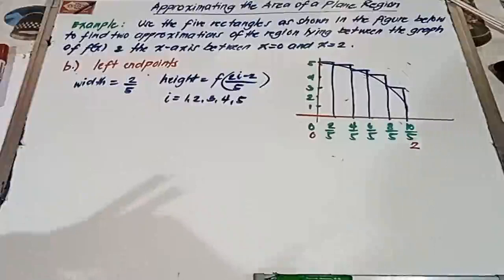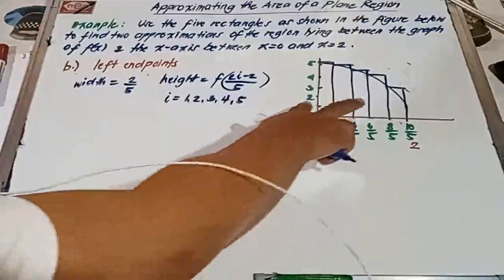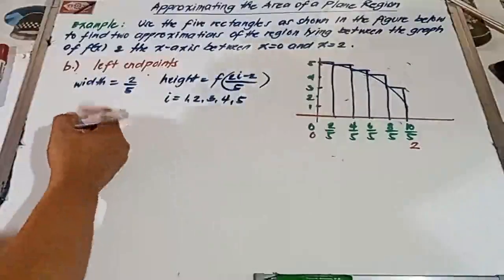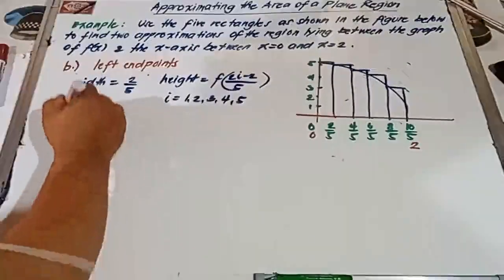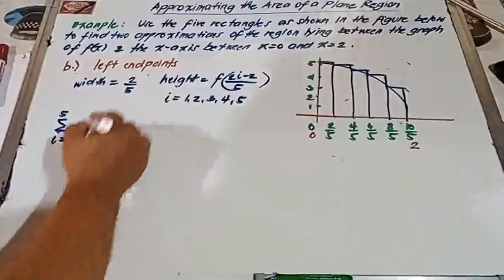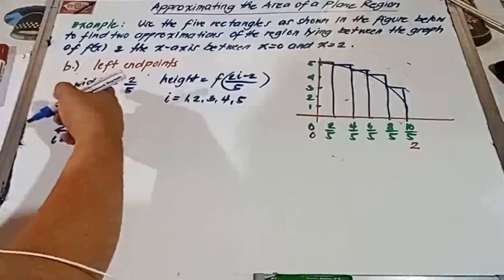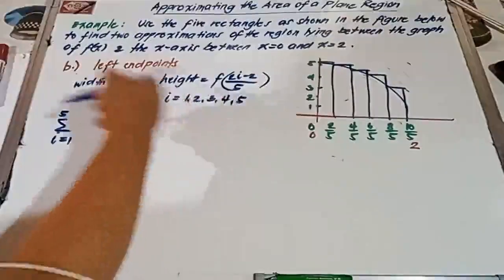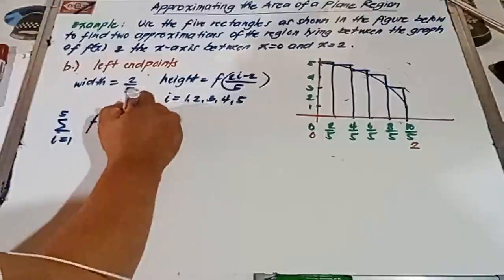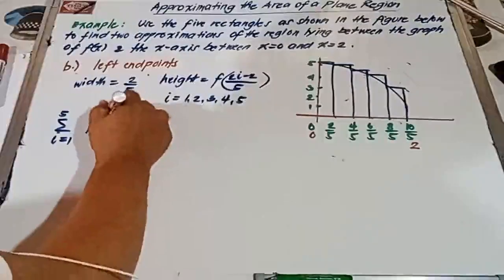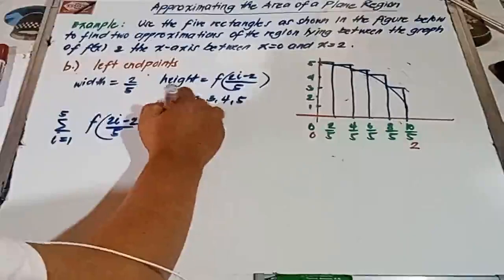So, therefore, the area of these 5 rectangles is equal to the summation of I equal to 1 to 5, that is width times height, or height times width. F of (2I minus 2) over 5 times the width, which is 2 over 5.